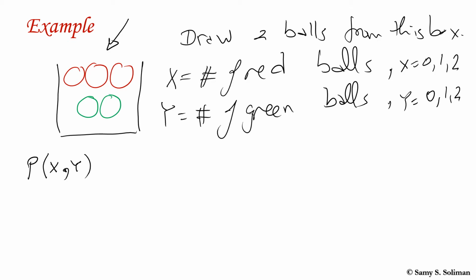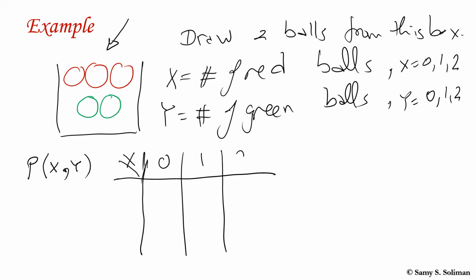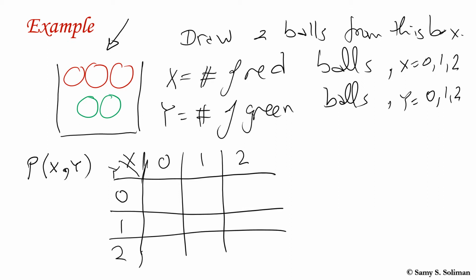So we might find it using a similar table where these rows represent the values of X, which are 0, 1, and 2, and the columns represent the values of Y, which might be 0, 1, and 2.